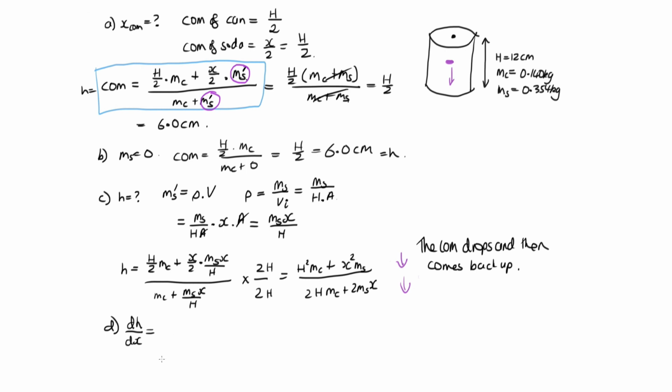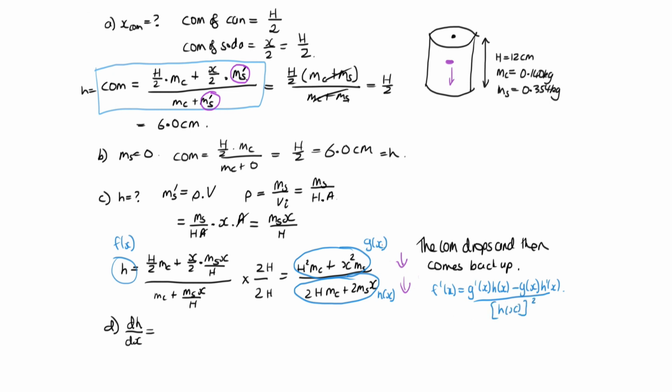To work that out, you're going to need to use the quotient rule, which tells us that if we call this f of x, then this thing here we can call g of x, this thing here is h of x, then f dash of x is equal to g dash x h x minus g x h dash of x, over h x squared.